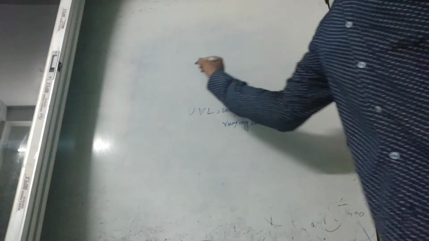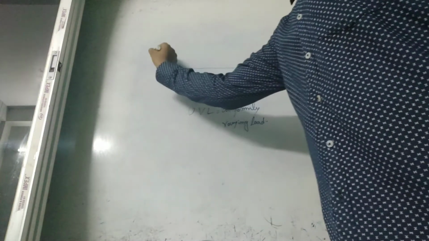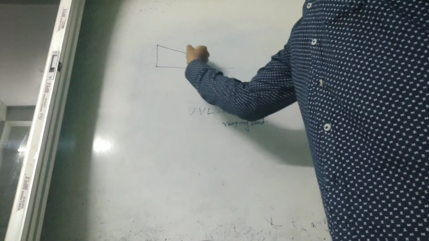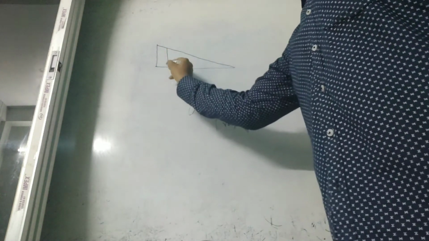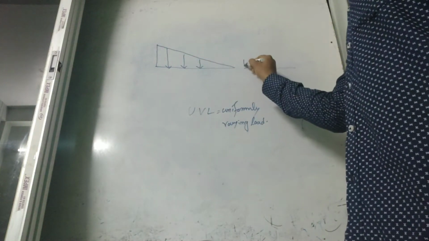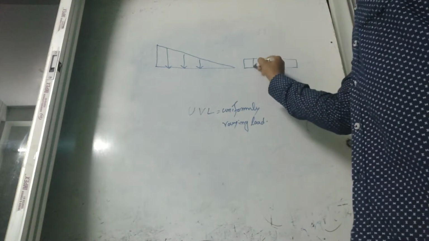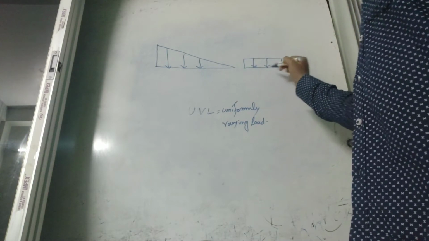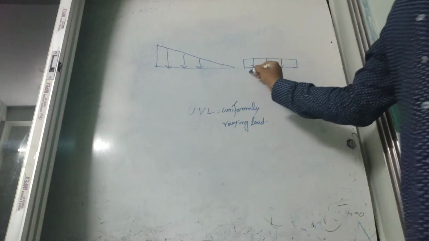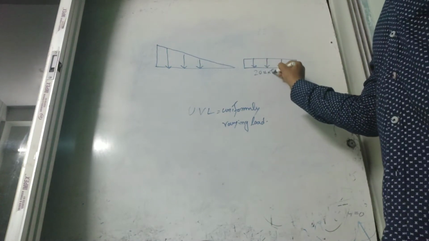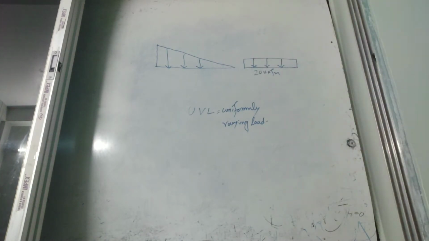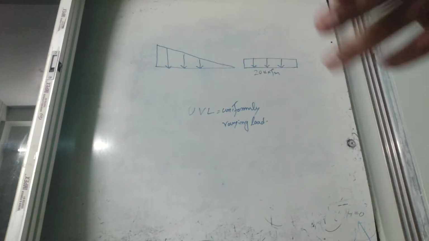But in case of UVL, one side is more and the other side is lesser or zero, which means there is an increment of the force. In case of UDL, the load is the same over the total distance. It develops 20 kN per meter: at 1 meter the load is 20 kN, at 2 meters the load is 40 kN.